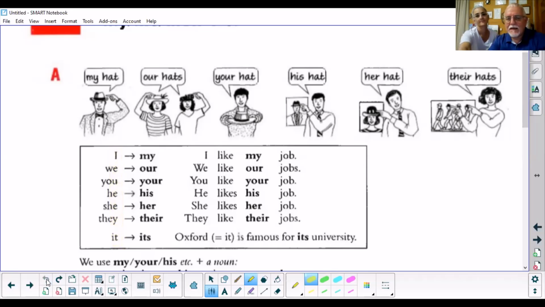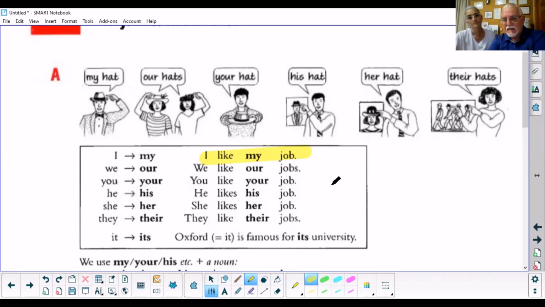Good, okay. So let's look at some examples here. In the first one, he says here, I like my job. In this sense, job is the noun or the substantivo. So the possessive adjective always comes before that.